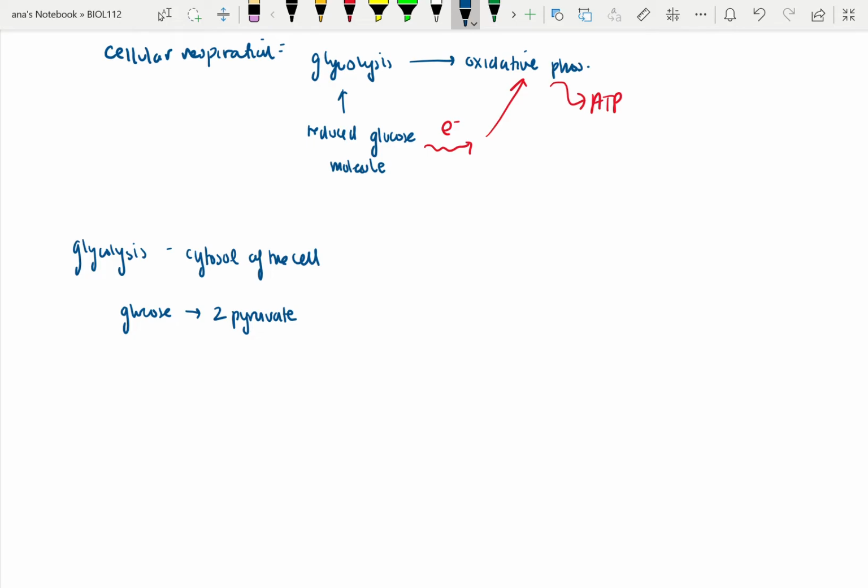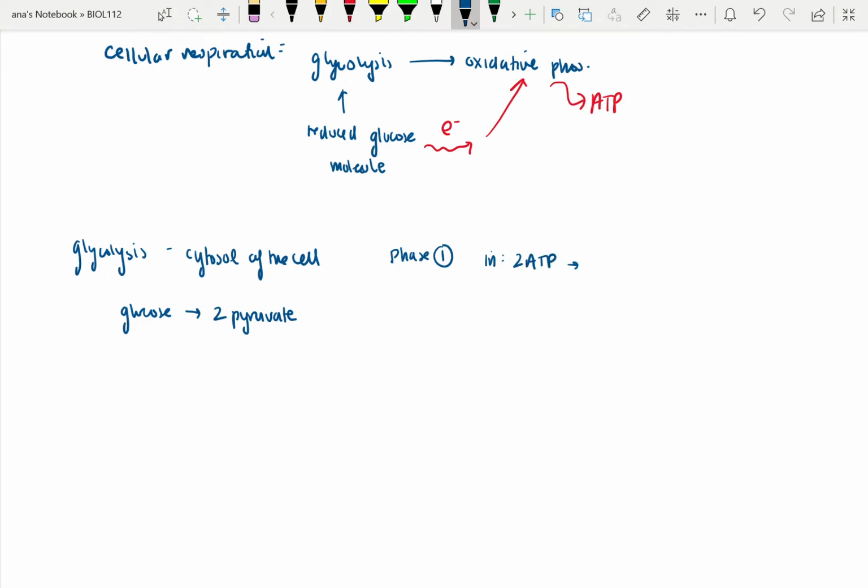You don't really need to know the details of this, but I'm going to go through the phases for completion. In phase 1, we're prepping our glucose molecule to extract electrons from it. So we actually put in 2 ATP at this stage.